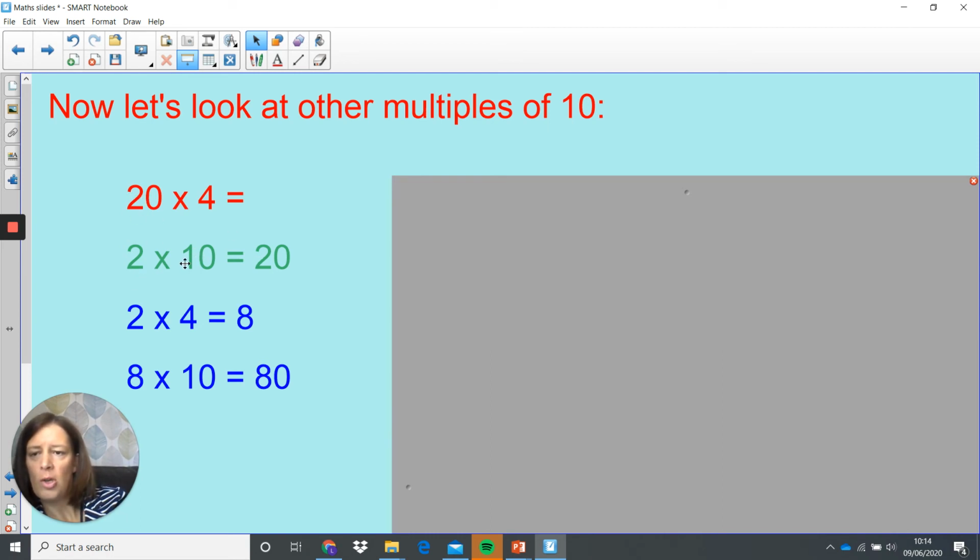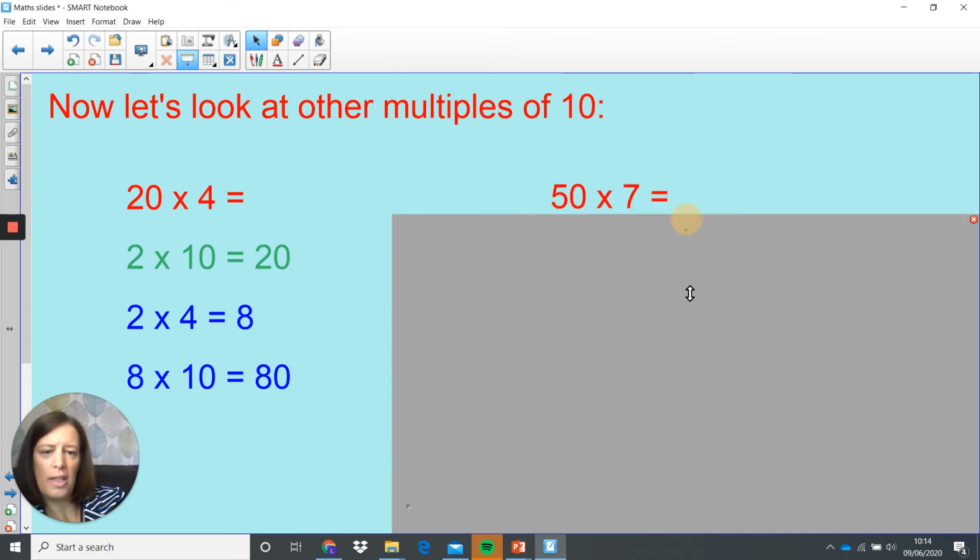What I've done is I've ignored the fact that that's 20 and I've just imagined it's 2 multiplied by 4. 2 multiplied by 4 would be 8, but it wasn't 2 multiplied by 4. It was 10 times bigger because it was 20 multiplied by 4. So to make 8 ten times bigger, it would be 80. So 20 multiplied by 4 is 80.